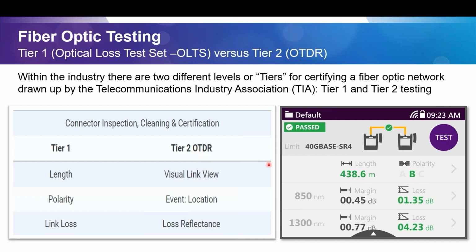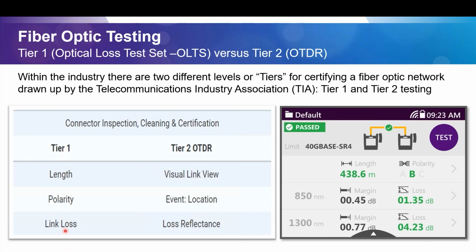An OTDR is going to show you all the individual events along that fiber and show you which connectors failed, if there was a splice, a bend, a bad connector. It'll pinpoint the exact event. So it's a visual link view. It's going to look at the entire link. It's going to show all the locations of each event on that fiber, and it's going to give you your reflectance, your loss, optical return loss.